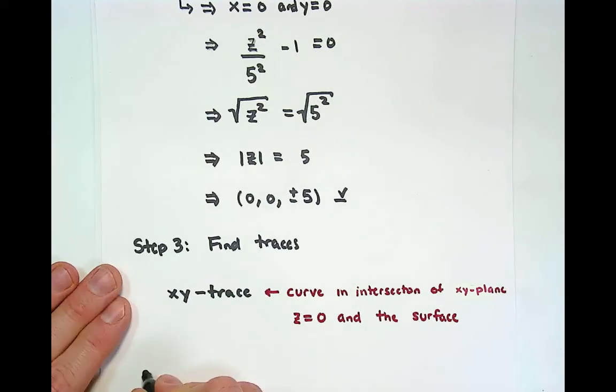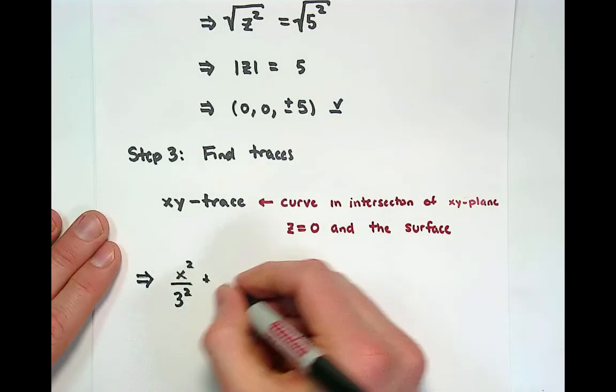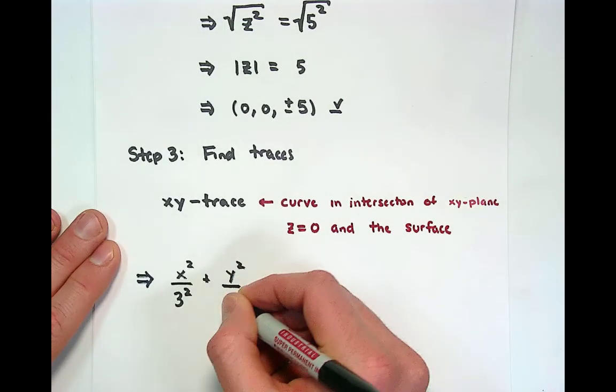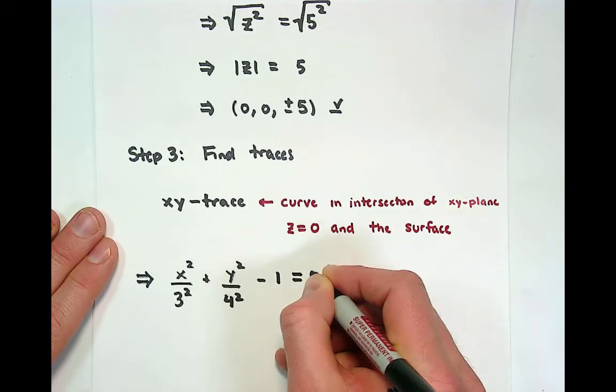If we set z equal to 0 in our surface equation, we're left with something that looks like x squared divided by 3 squared plus y squared divided by 4 squared minus 1 equal to 0.